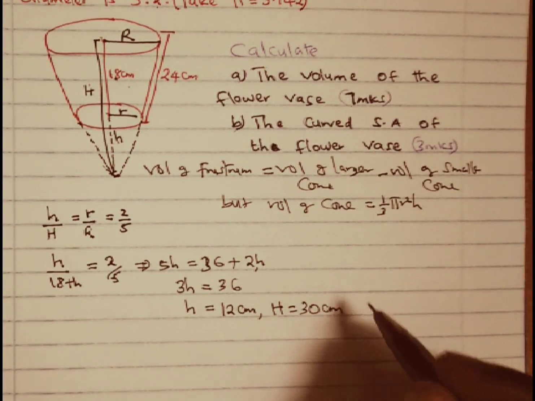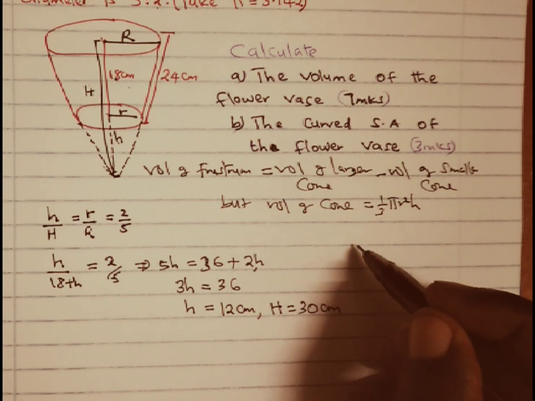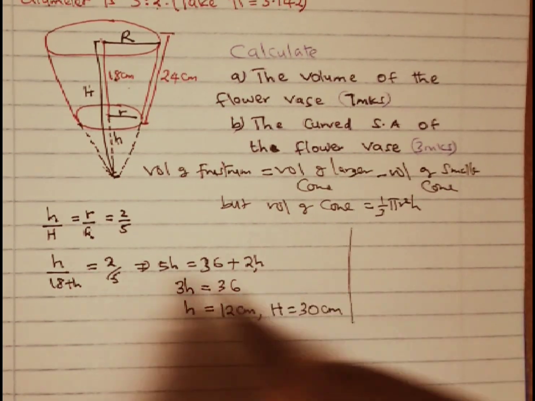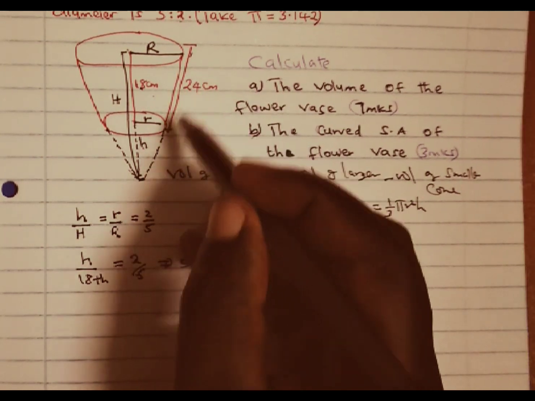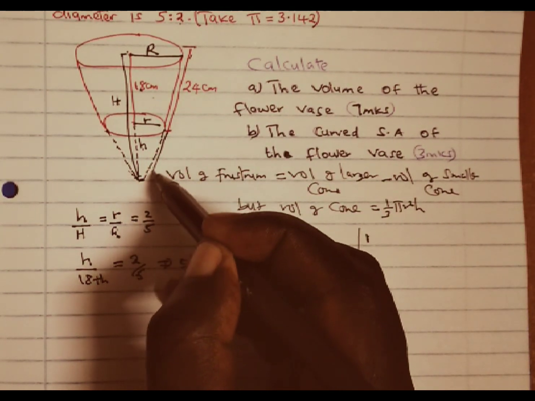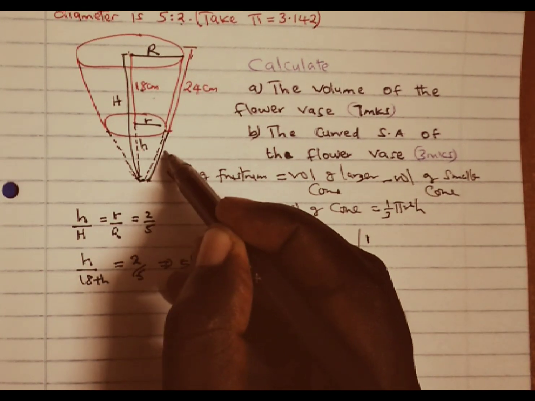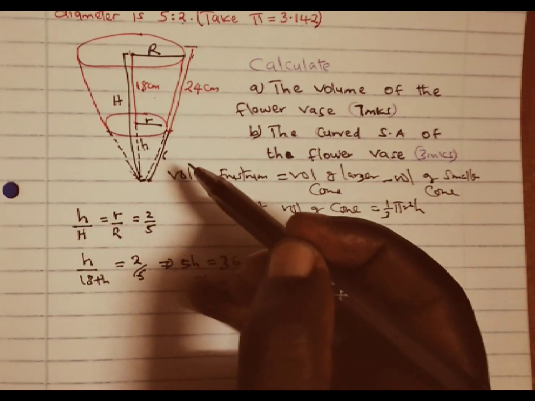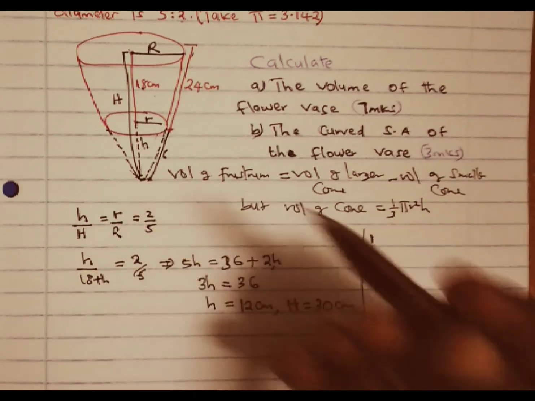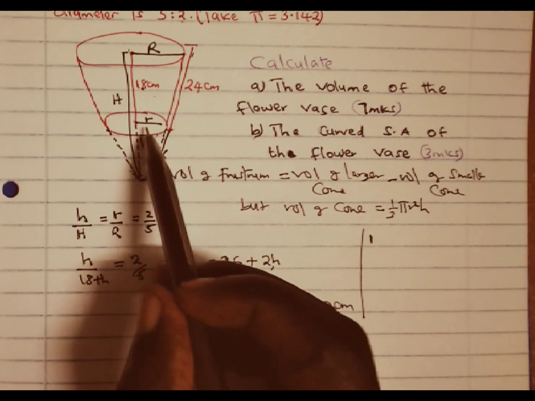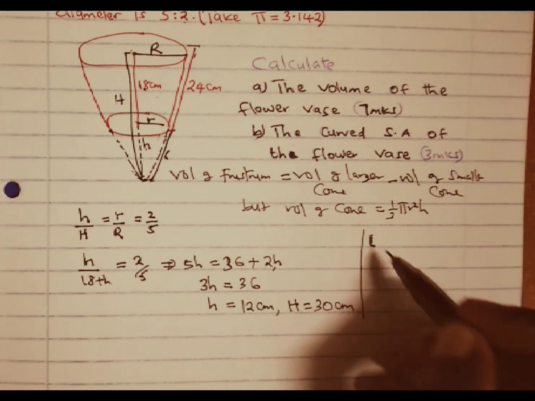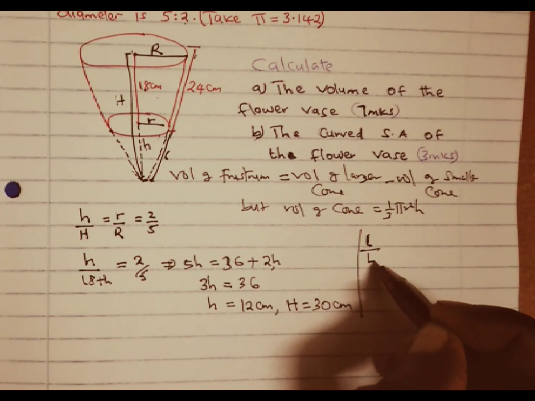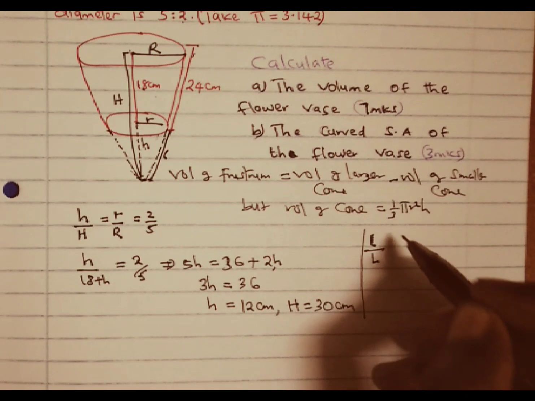Equally, the slant length of the frustum is 24, and if you extend it this way, we have the slant length of the smaller cone. Again using similarity and enlargement, you take the slant length of the smaller cone and divide by the slant length of the larger cone.